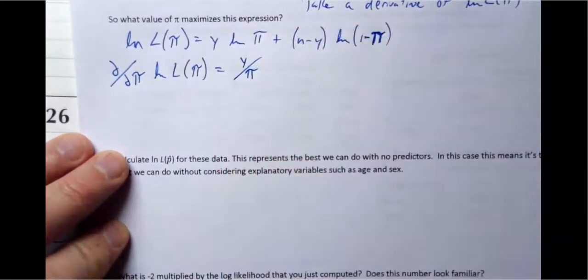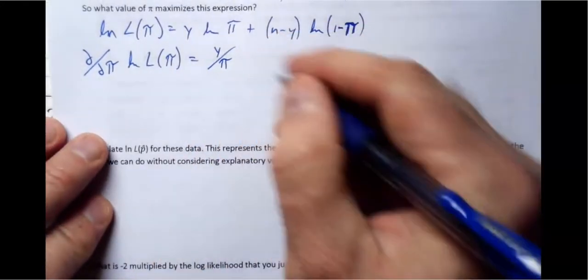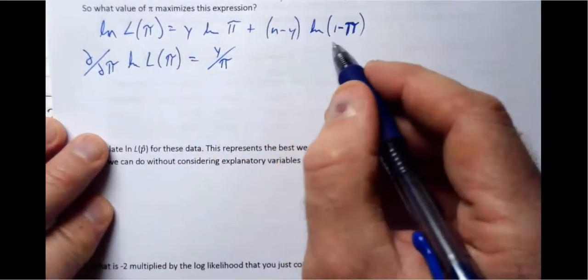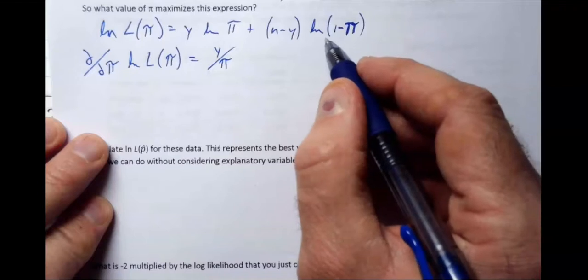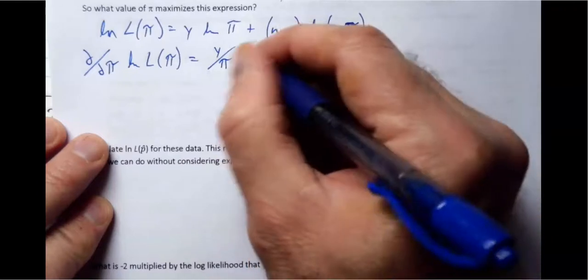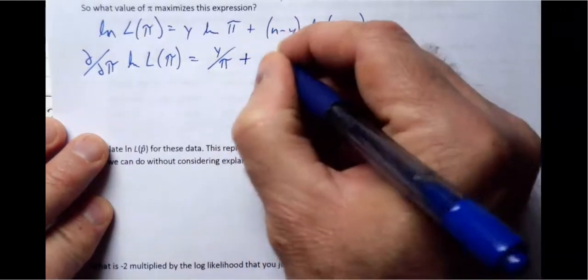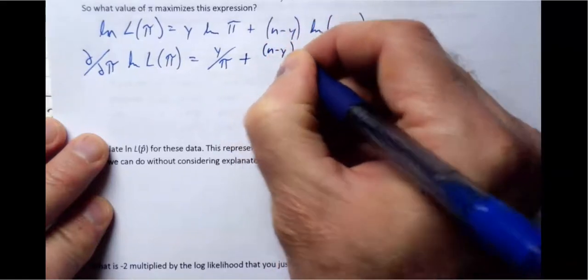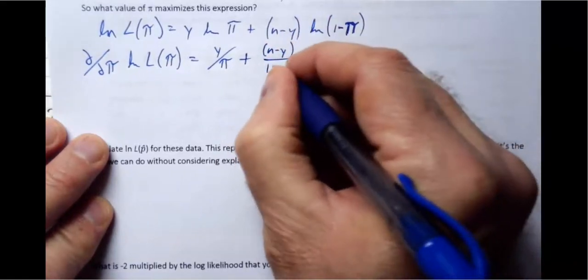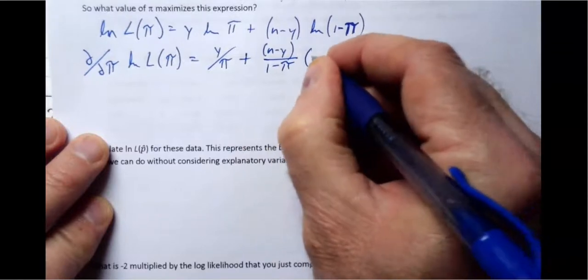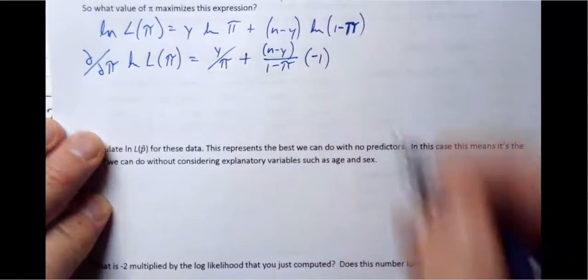So we're getting into some calculus here. The derivative of the log of 1 minus pi, we have to use the chain rule for that. But you can say n minus y over 1 minus pi, and then we also get a minus 1 here from the chain rule.